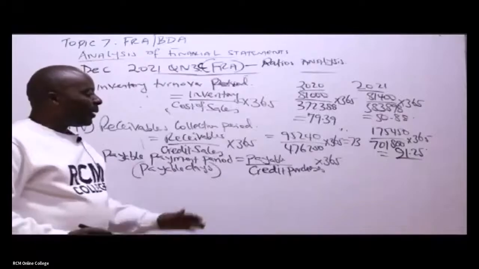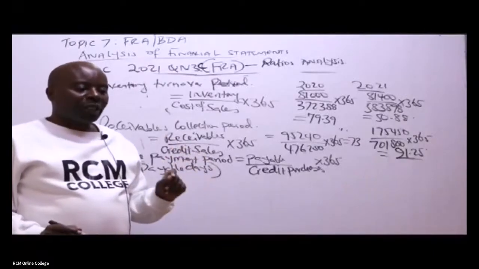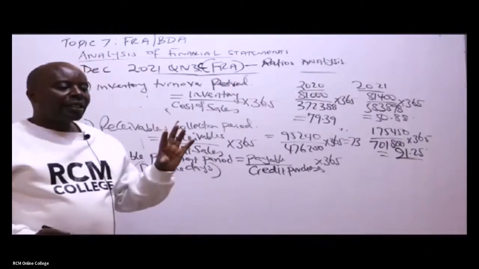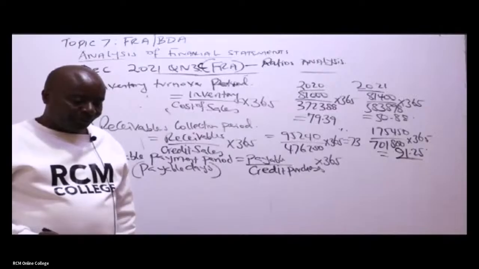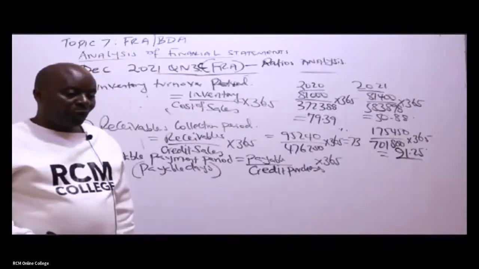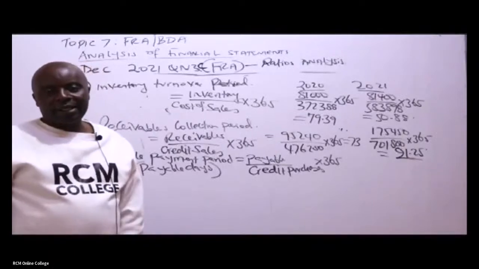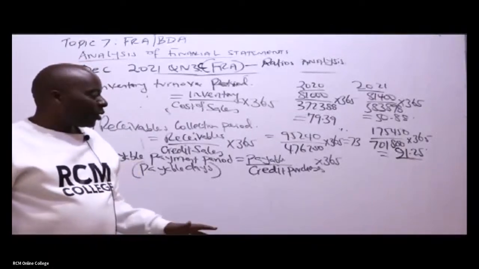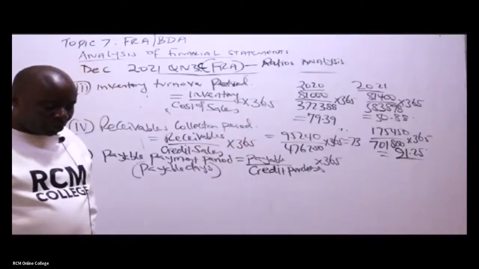And whenever purchases is not given, when you can't figure it out, you shall always assume that it is the cost of sales. If they don't tell you how much the purchases was, use the cost of sales.